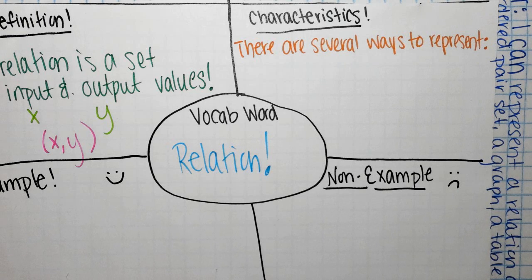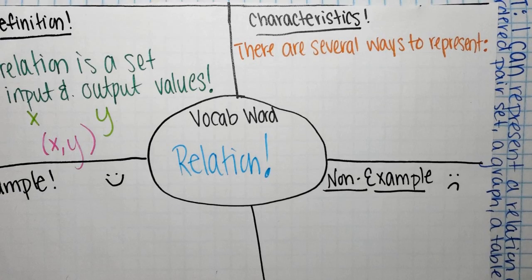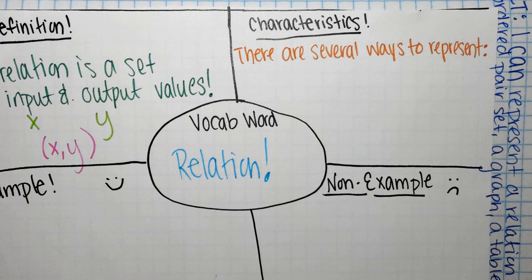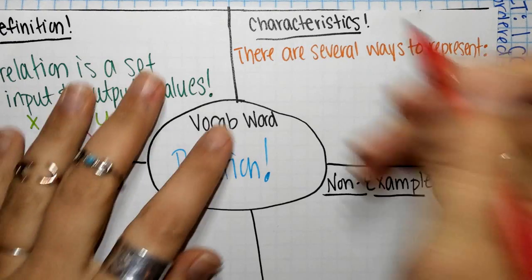So what do you know the first way is that we can represent anything graphically? How would we do it? What would we put it on? The graph, the coordinate plane. So the first way, points on a graph.